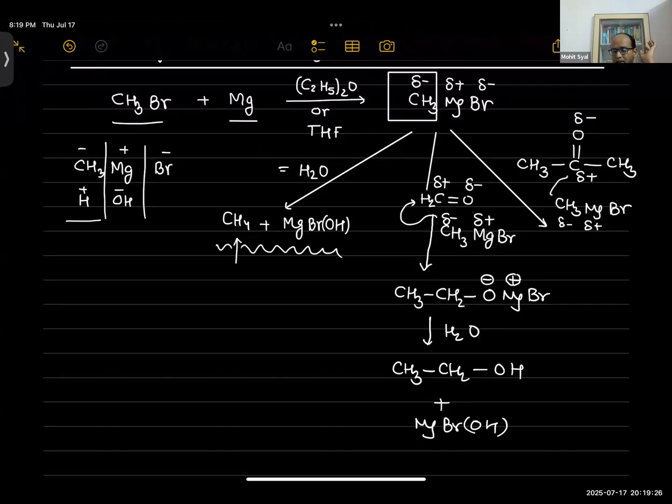This is a nucleophilic addition reaction. This is a nucleophile. It is a negatively charged species, the Grignard, the carbon. It will attack on the carbon delta positive, and the O will get attached to magnesium. Got it? So what intermediate are we going to get?